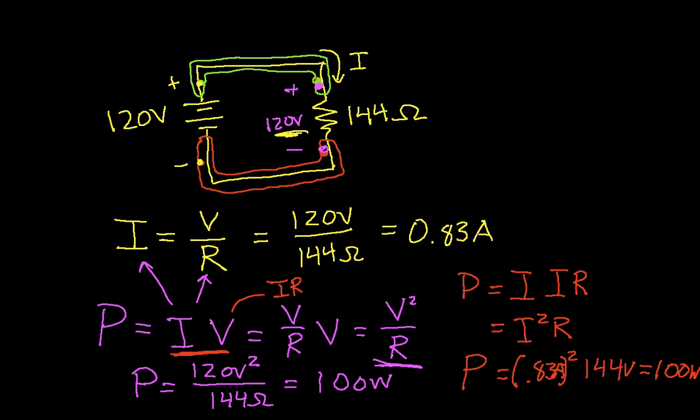Okay, so that pretty much concludes this video on Ohm's law. To review, we've talked about the fact that Ohm's law says that the voltage across a resistor is proportional to the current. In fact, we can draw a graph here where we draw current on one axis and voltage on the other axis.